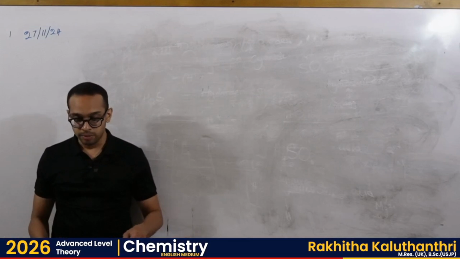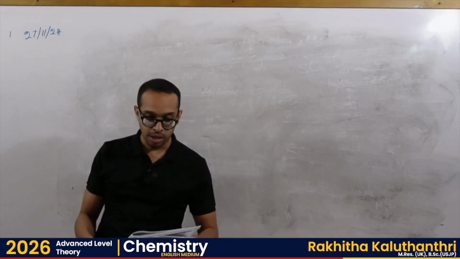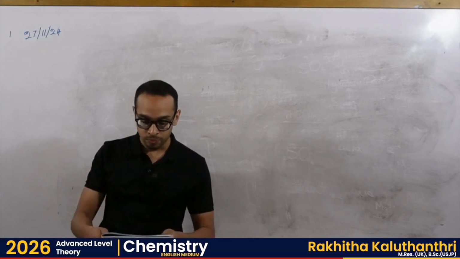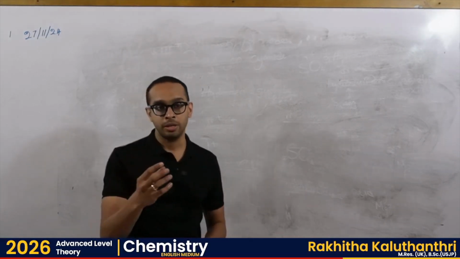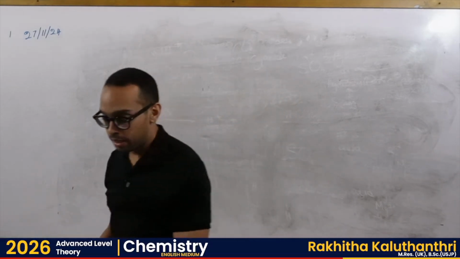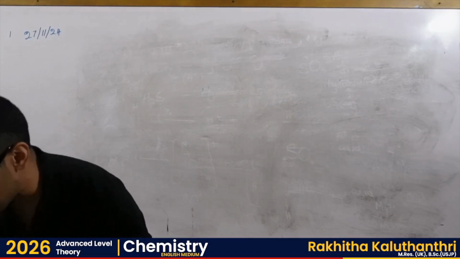Then we come to the most important part when it comes to naming acids. Many students after a while forget about these parts, right? So naming of acids breaks into mainly two parts. Usually an acid has two sections in it.